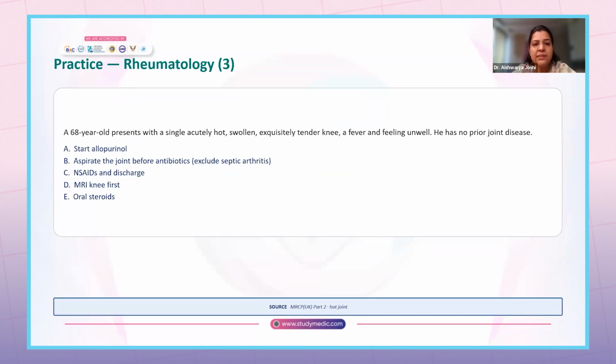A 68-year-old presents with single acutely hot, swollen, exquisitely tender knee, fever, and feeling unwell. He has no prior joint disease. What is the treatment?